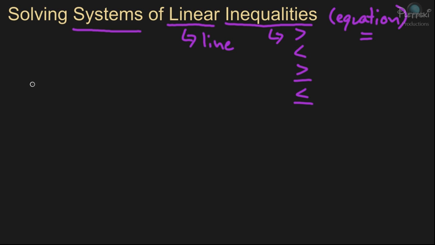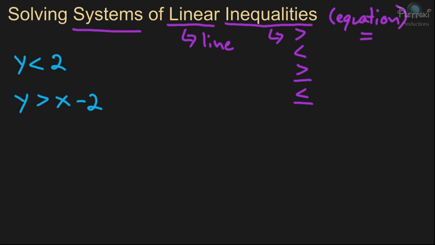talking about here. If we want to graph the system y is less than 2, that's our first inequality, and then the second one is y is greater than x minus 2.